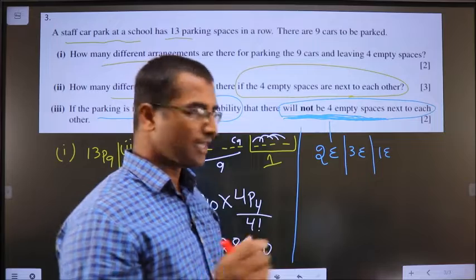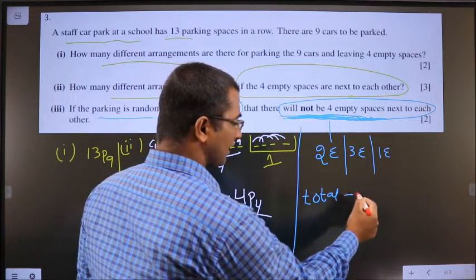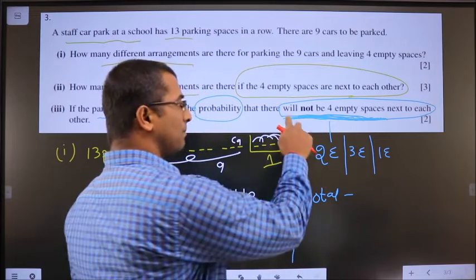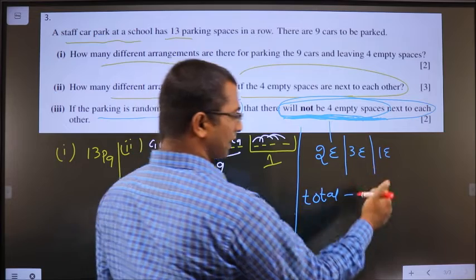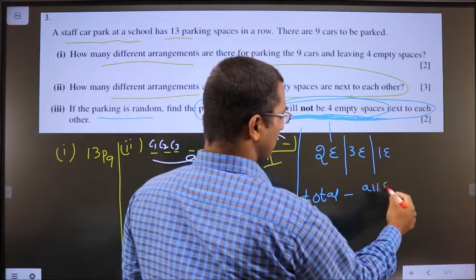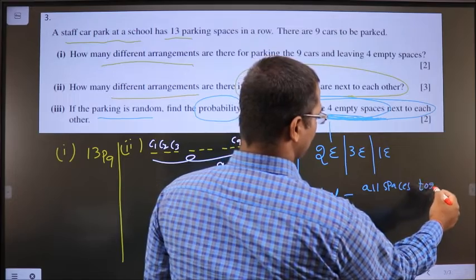What is the opposite approach? From the total arrangements, if I subtract the opposite of this statement, which will be all 4 empty spaces are next together.